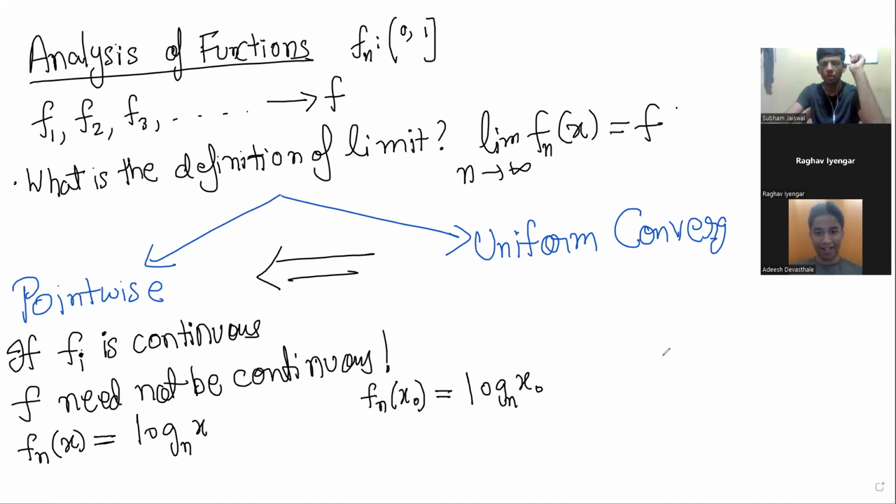So let us just compute. Let's say x naught is strictly less than 1. Then what happens? n to the power t is equal to x naught, which is less than 1.